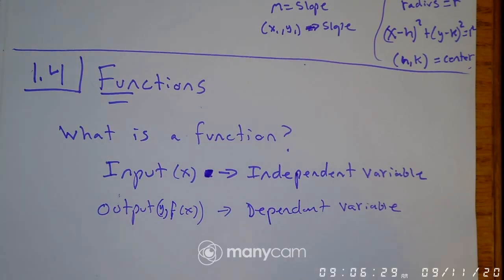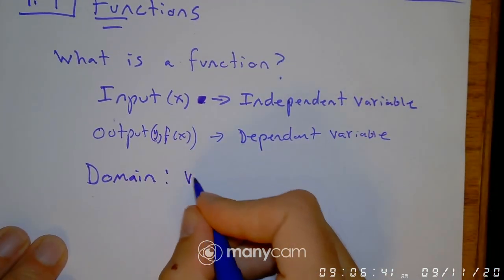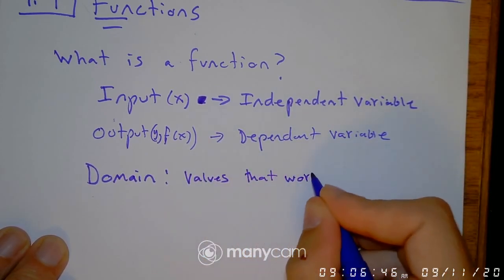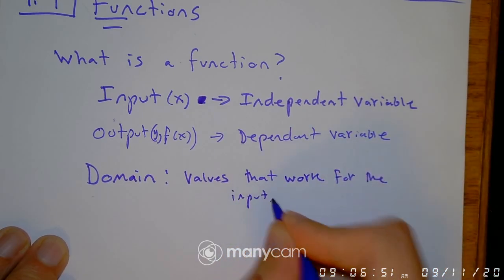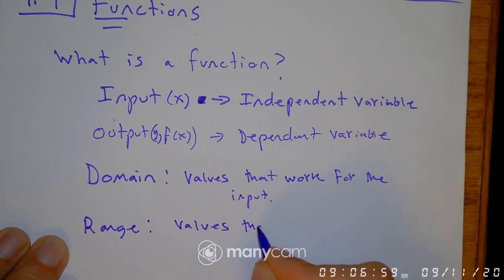All right. Some other things we need to know. Domain. Domain is the values that work for the input, and range is the values that work for the output.